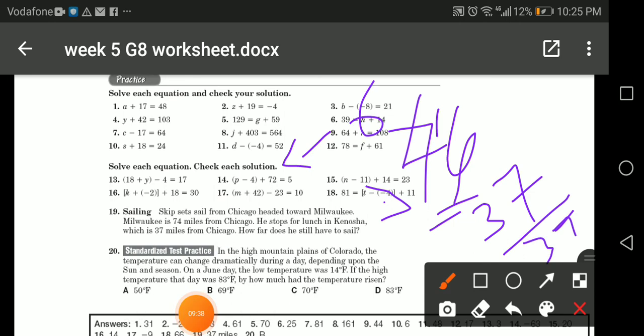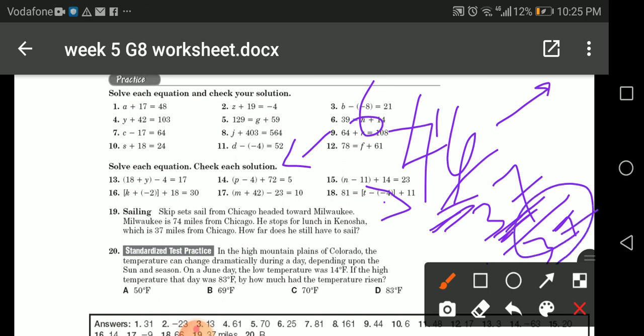It's very easy. I will do 74 minus 37. From Chicago to the destination he needs to go 74, and he stopped at 37 miles. So I will subtract 37 from 74. The answer will be 37. The remaining will be 37. Okay, guys, easy.